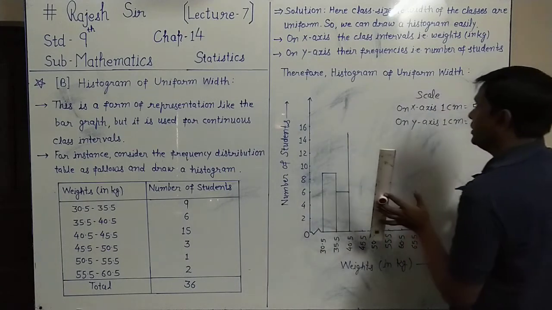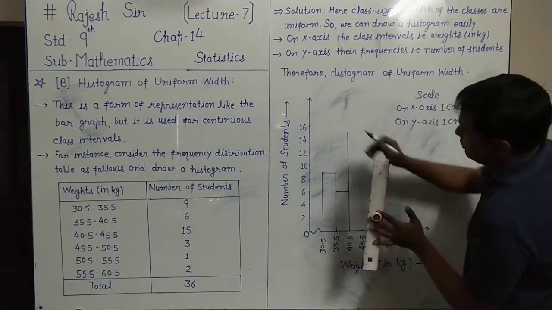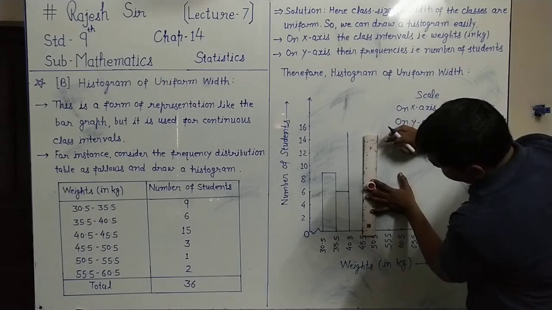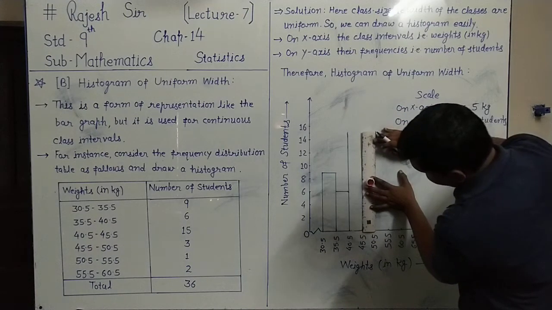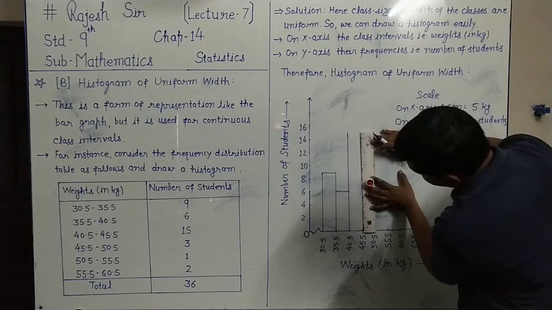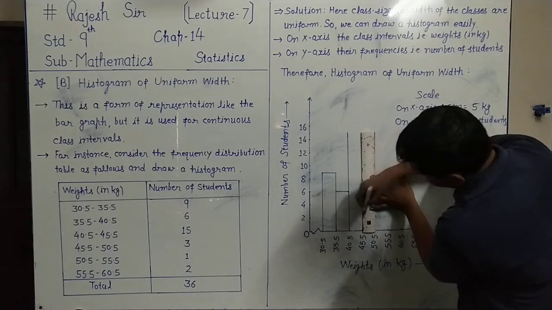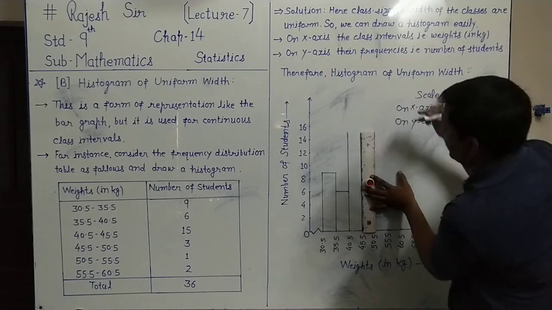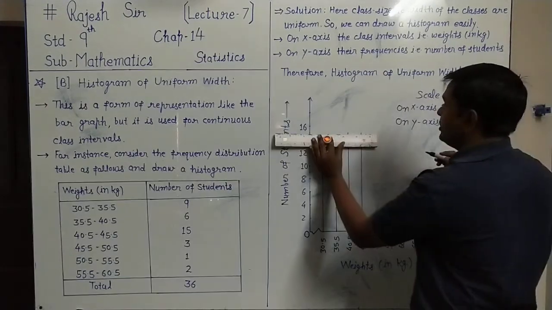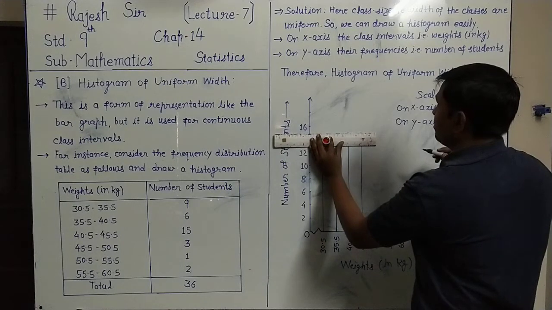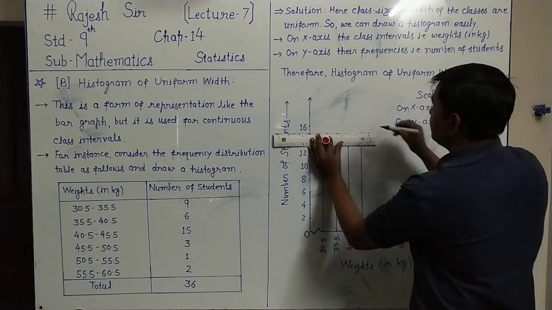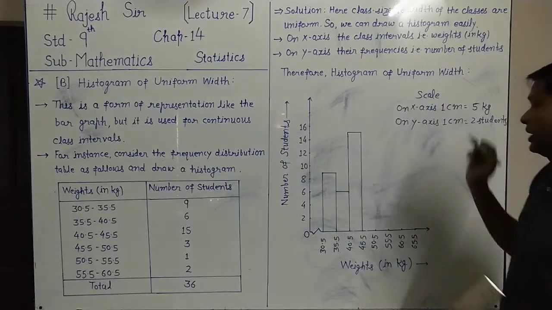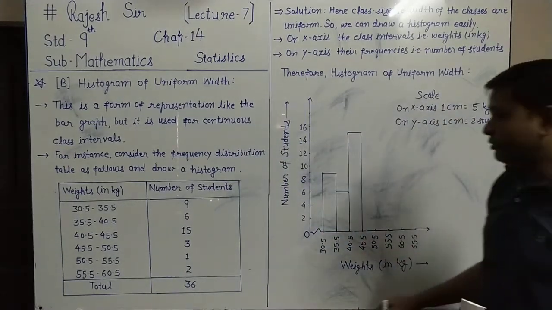Right? This one. Between 14 and 15, this is the height of 40.5 to 45.5. The measure from here between the 14 and 16, it will be 15. So this height shows 15 height of 40.5 to 45.5.